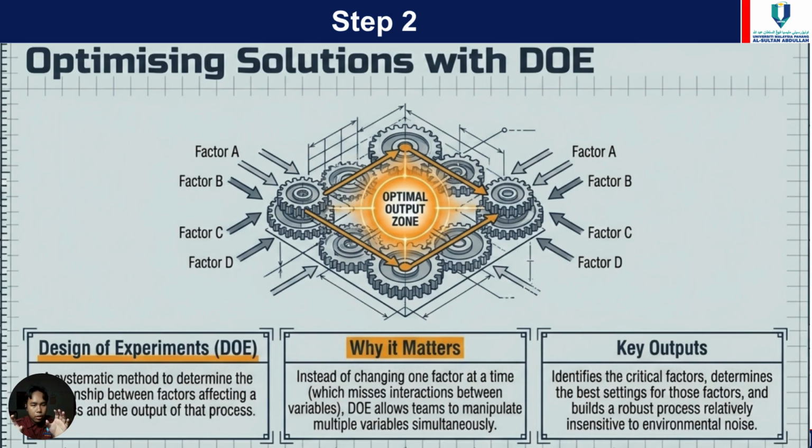So DOE enables us to tune two problems at once. The key output is to identify the critical factors, determine the best settings for those factors, and build a robust process relatively insensitive to environmental noise.